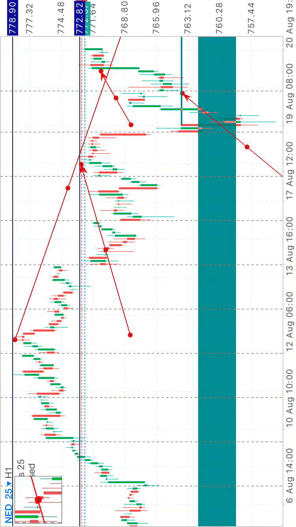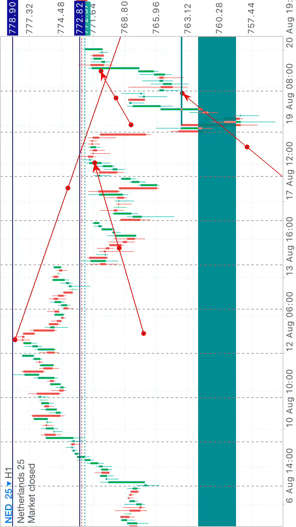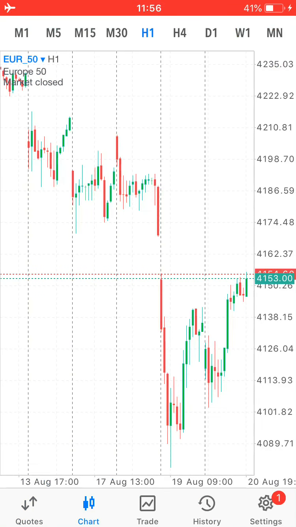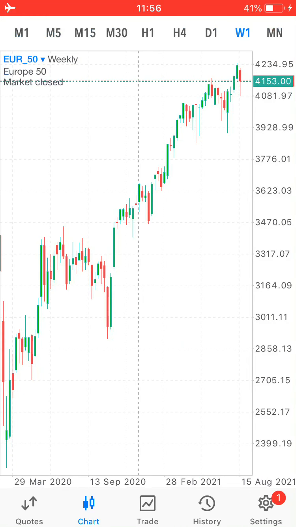So I'm waiting for price to break above 772.82 in order for me to enter with a buy. I also have Euro 50.